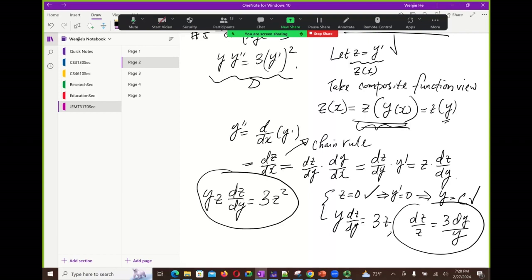After we cover this case, then we can assume z non-zero, then we can cancel out. Otherwise, we may throw away a solution. If you don't consider this case, you may lose a solution. That's the problem. We don't want to lose any solution.